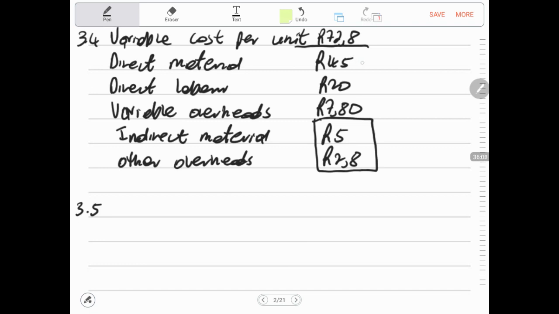So now that means the 45 rand, which is per unit, is fixed. The 20 rand, which is per unit, is fixed. And the 5 rand per unit is fixed. And the 2 rand per unit is fixed. Why? Because variable cost per unit are fixed. In total, they change as the level of activity changes.